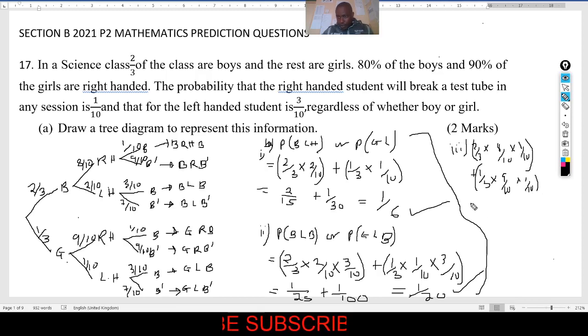This gives you 4 out of 75, plus this one gives you 3 out of 100. When you add the two, you'll get 1/12.